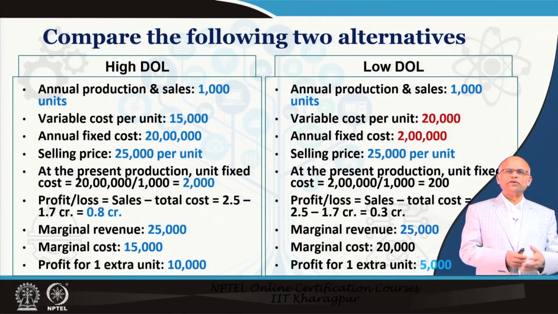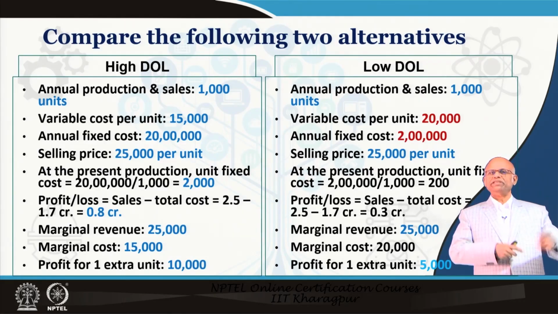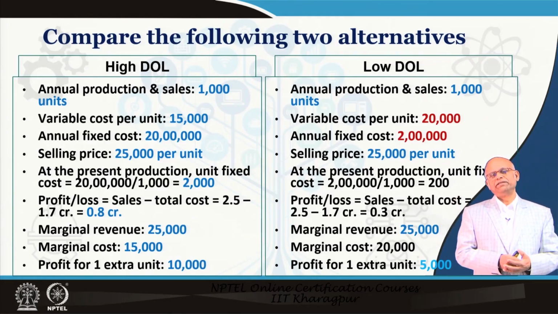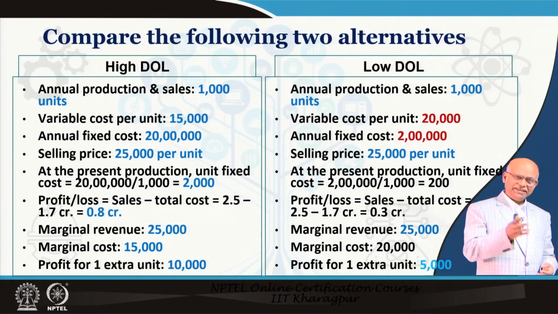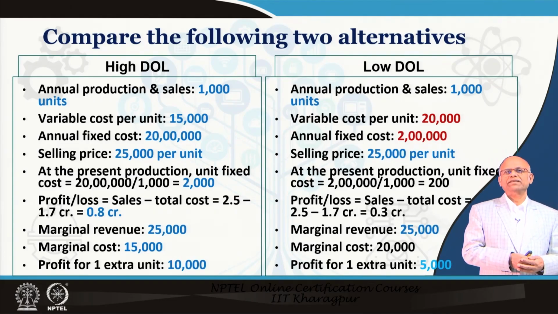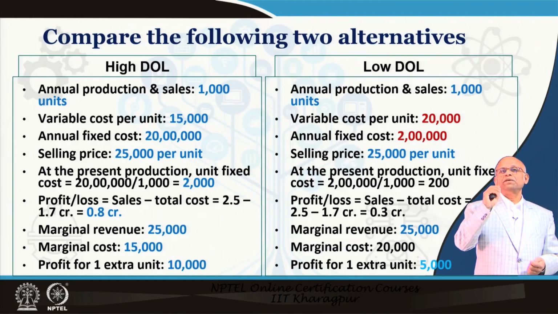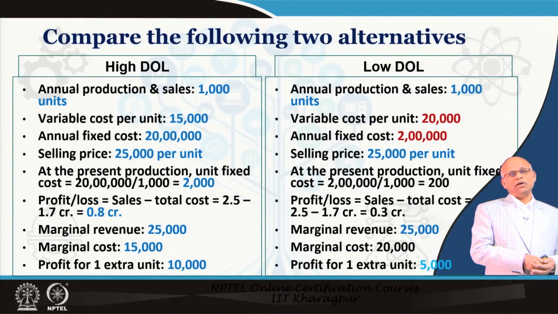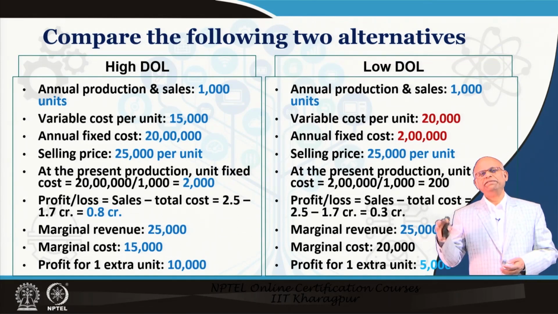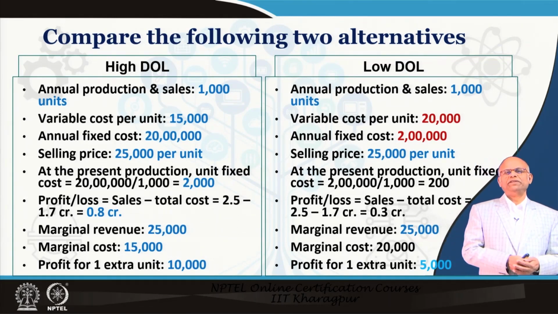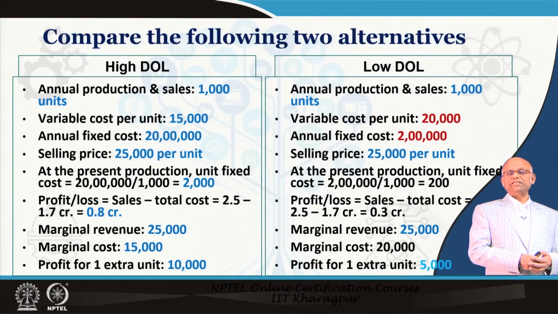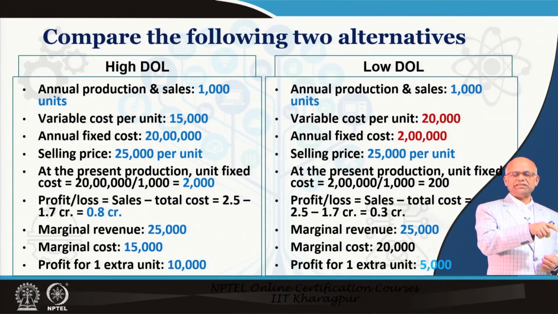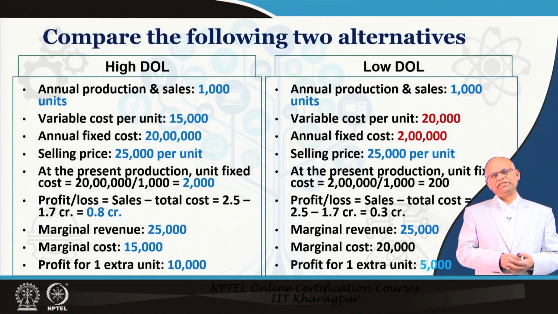That is not the important point. You estimate the break even point here and the break even point there. Now, for every incremental unit, your marginal contribution is 10,000 for high operating leverage, whereas it is 5,000 in the low operating leverage context. That means, once you break even, you make high profit in this case, and you make low profit in the other case.